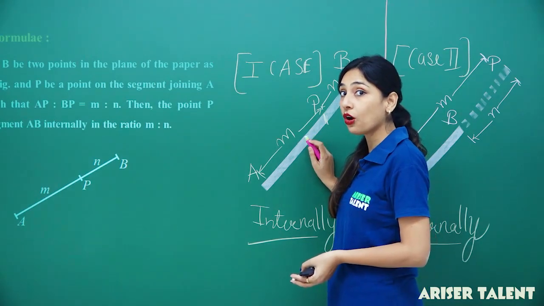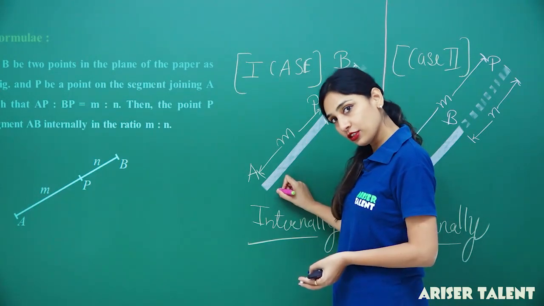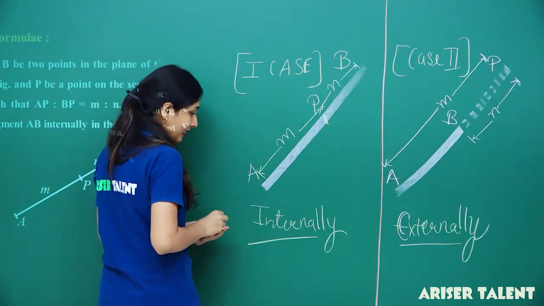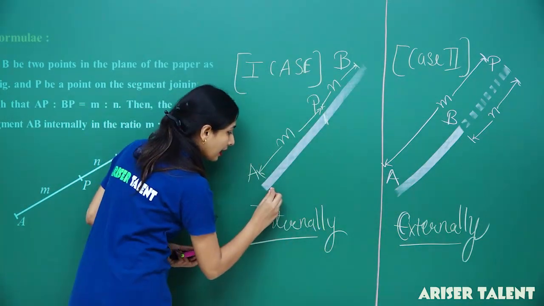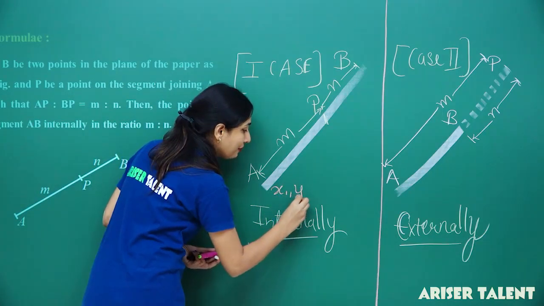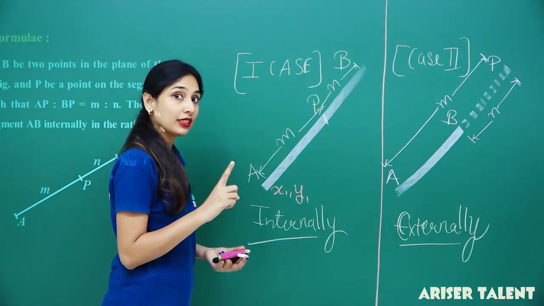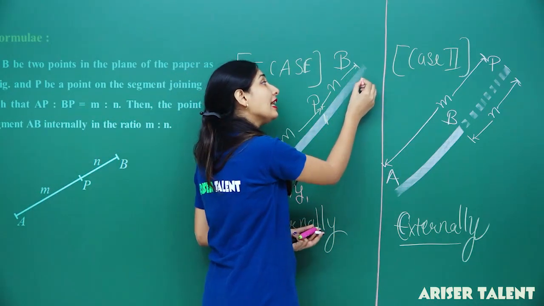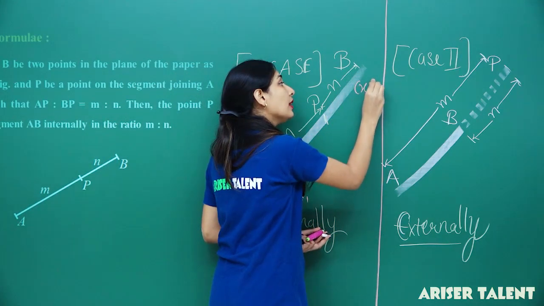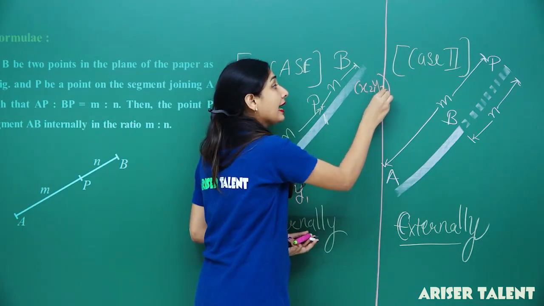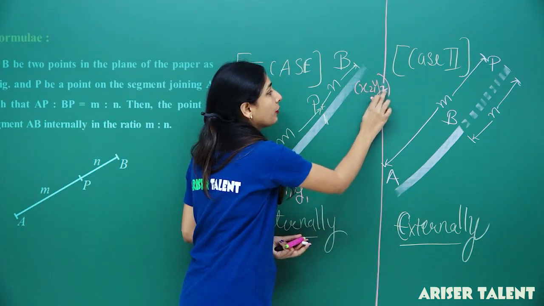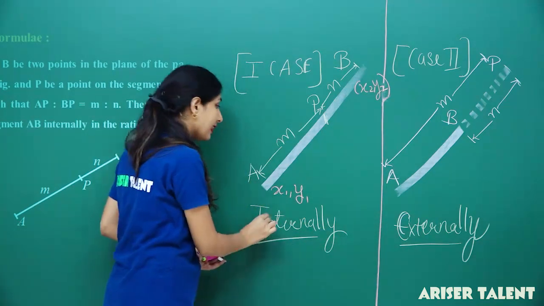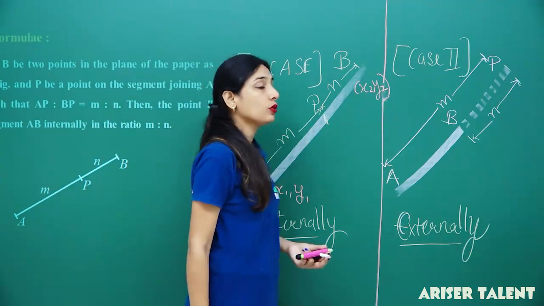So, if I talk about the first point, I'll write here the coordinates as x1 and y1, the first point. And if I talk about the second one, that is point B, I'll write it x2 and y2 as points. The first point x1, y1, second point x2, y2.